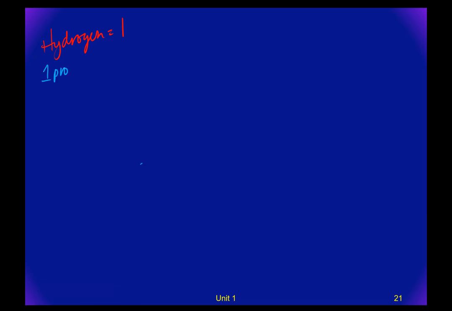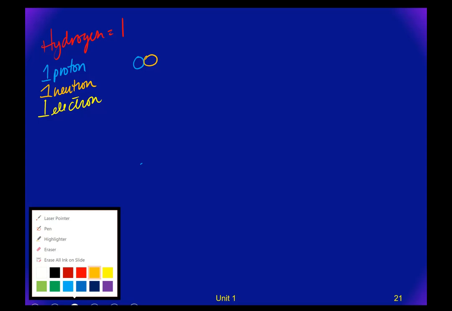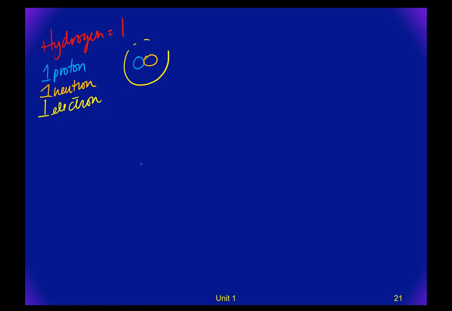That means we have 1 proton, we have 1 neutron, and we have 1 electron, right? So if we draw that, we've got 1 proton, we have 1 neutron, and in the first shell we have 1 electron.